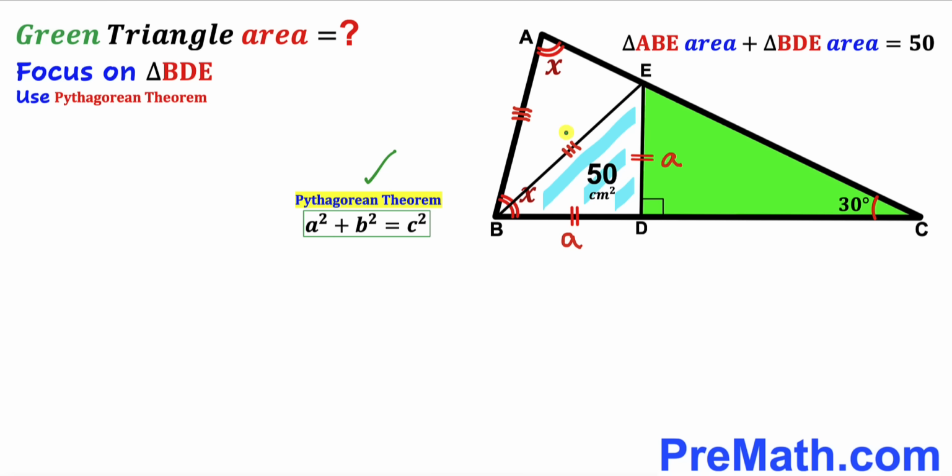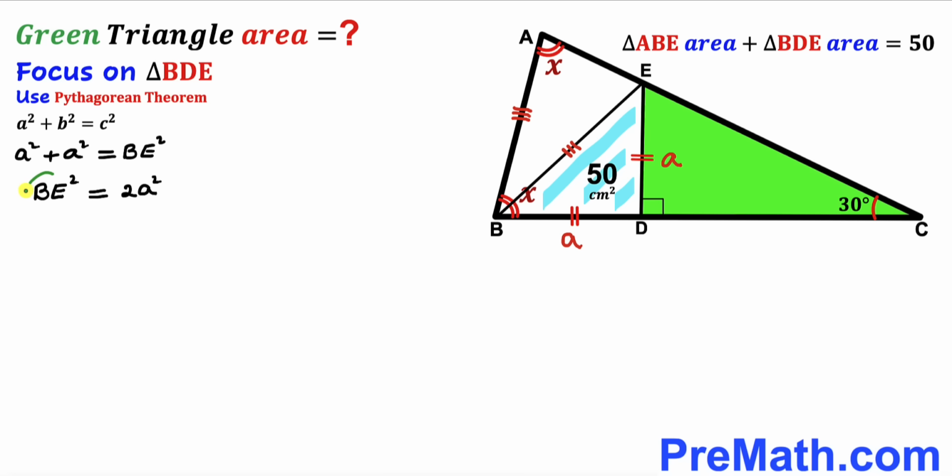In our case, the hypotenuse is BE, whereas our two legs are a and a. Filling in the blanks, we get a squared plus a squared equals BE squared. So we end up with BE squared equals 2 times a squared.